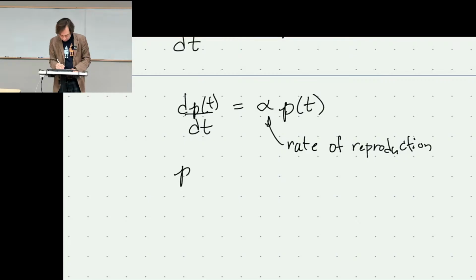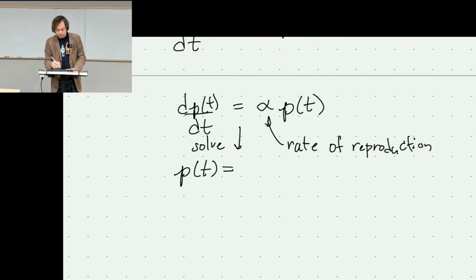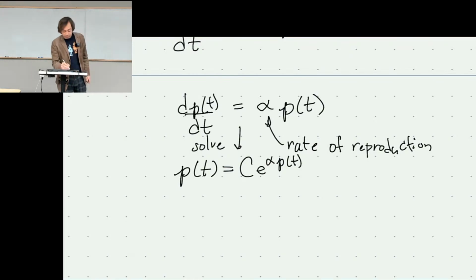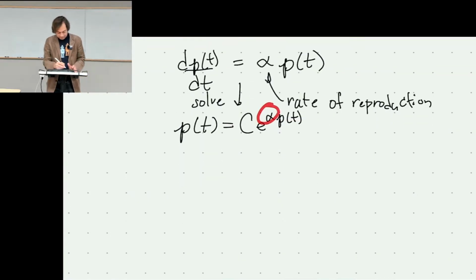And we would say, oh, that means if we were to solve this, p of t is going to be actually equal to some other constant c1 times e to the alpha t. Because if you take the derivative, as we all know, of e to the something, it becomes e to the something. So it's basically equivalent to the derivative of itself. We pull out this constant, it actually all works, right?